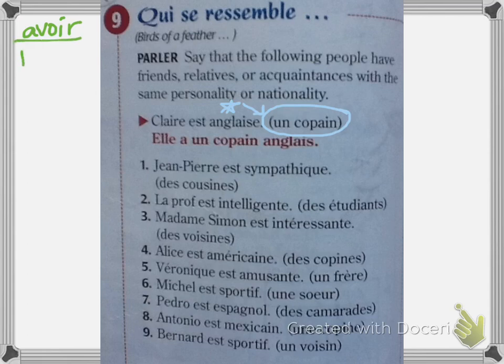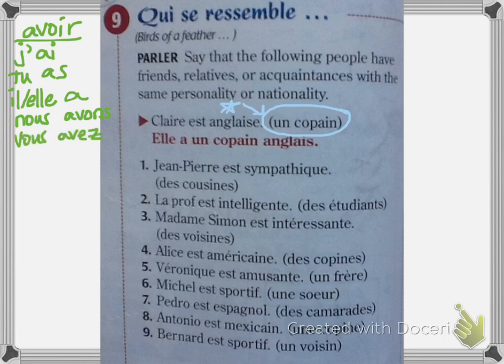So remember the forms of avoir are j'ai, tu as, il or elle or a person's name, a, nous avons, vous avez, and ils or elles or multiple people's names, ont.